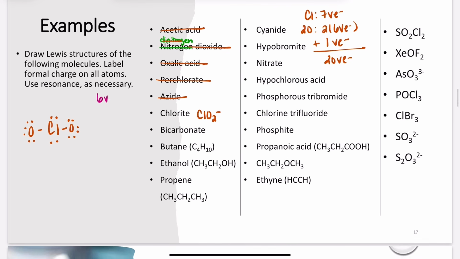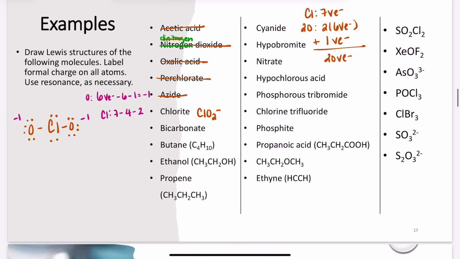Let's check formal charge. Oxygen, 6 valence electrons, 6 electrons involved in lone pairs, and 1 bond, is -1. The chlorine, 7 valence electrons, 4 electrons involved in lone pairs, and 2 bonds, is a plus 1 charge.